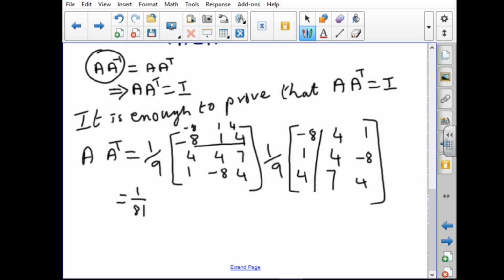So it gives us 64 plus 1 plus 16. Minus 8 into 4, minus 32 plus 4 plus 28. Minus 8 into 1, so minus 8 plus 16. Then we take the second column, so 4, 4, 7. Now multiply the same way.